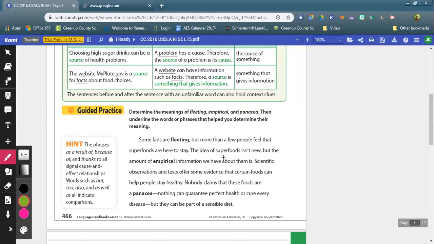The idea of superfoods isn't new, but the amount of empirical information we have about them is. Scientific observations and tests offer some evidence that certain foods can help people stay healthy. Nobody claims that these foods are panacea. Nothing can guarantee perfect health or cure every disease, but they are part of a sensible diet.